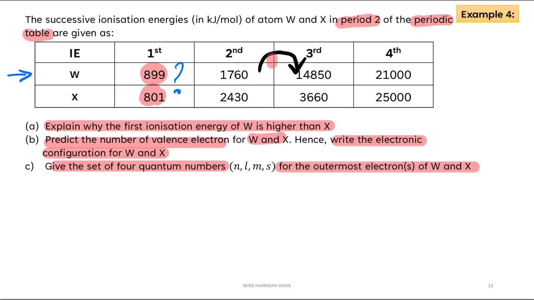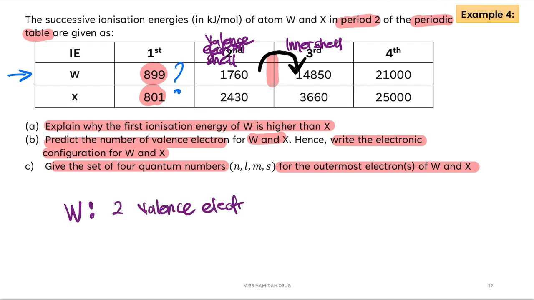More energy is needed to remove the third electron, meaning to say the third electron is located at the inner shell. Therefore, the first and the second electrons are the valence electrons. So, atom W has 2 valence electrons.